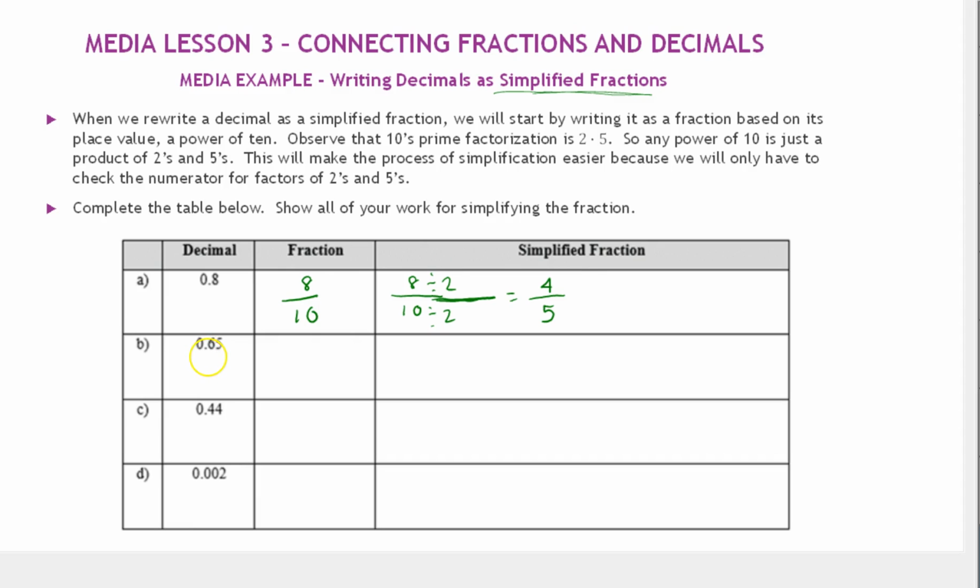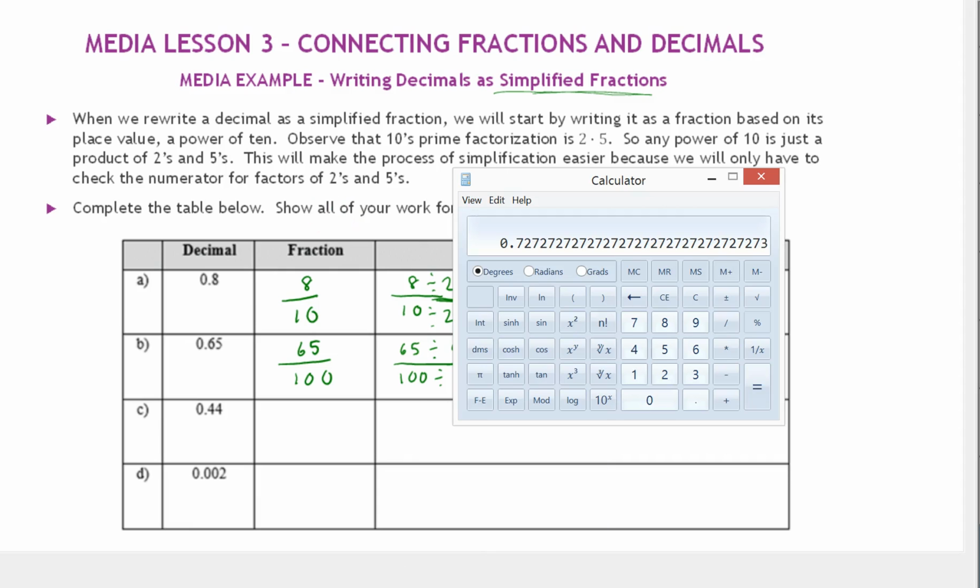Let's look at the next one. 65 hundredths. So we'd write this as 65 over 100. Now let's get ready to simplify it. So notice 65 is not even, so it is not divisible by 2, but it does end in a 5, so it is divisible by 5. So I'm going to divide these both by 5.